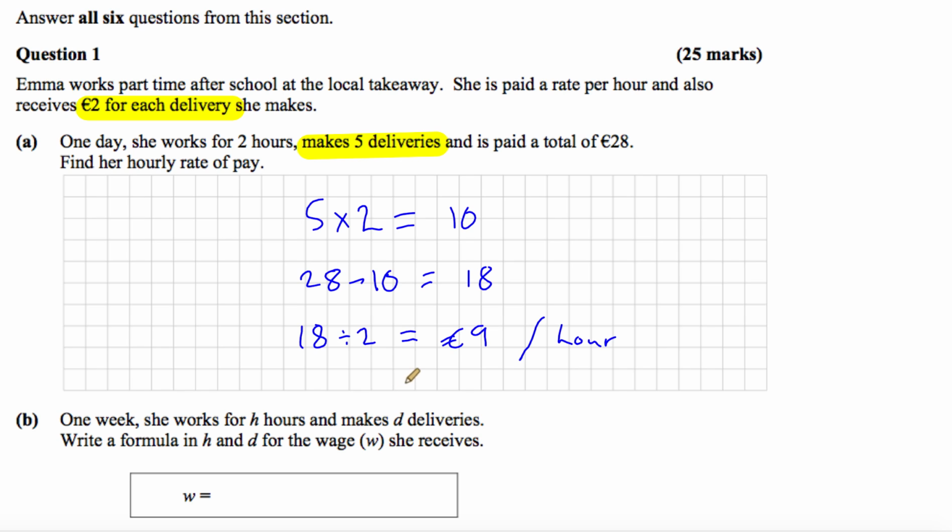Okay, part B says one week she works for H hours and makes D deliveries. Write a formula in H and D for the average wage W she receives.